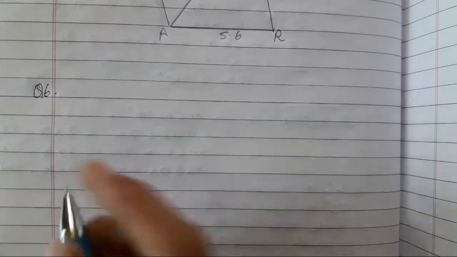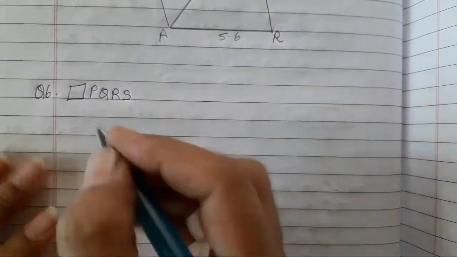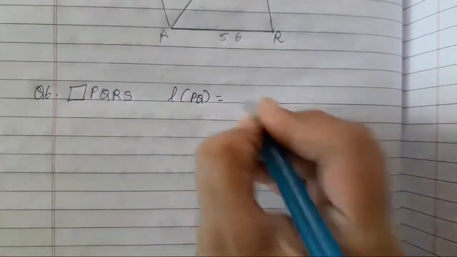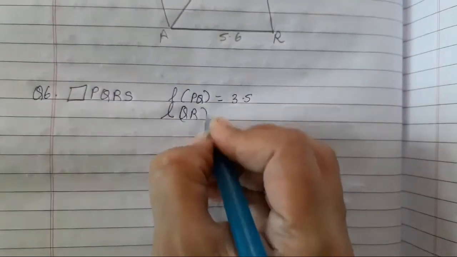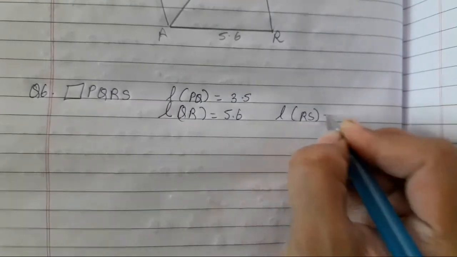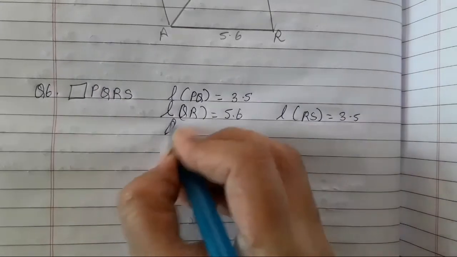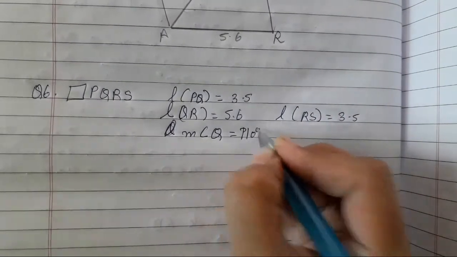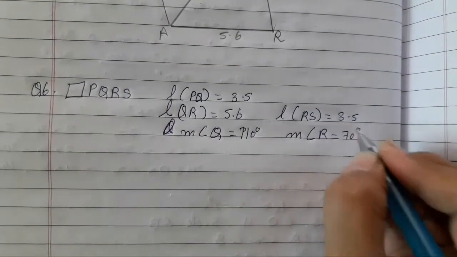Construct parallelogram PQRS, in which the length of PQ is 3.5, length of QR is 5.6, length of RS is 3.5, the measure of angle Q is 110 degree and the measure of angle R is 70 degree.